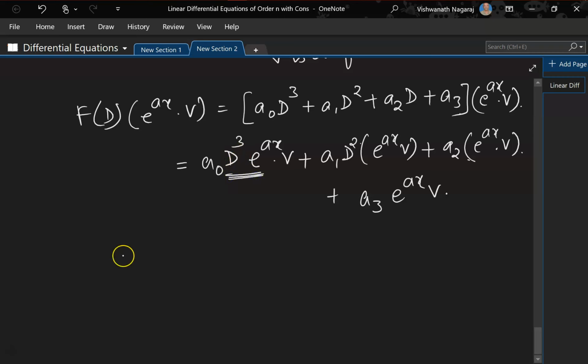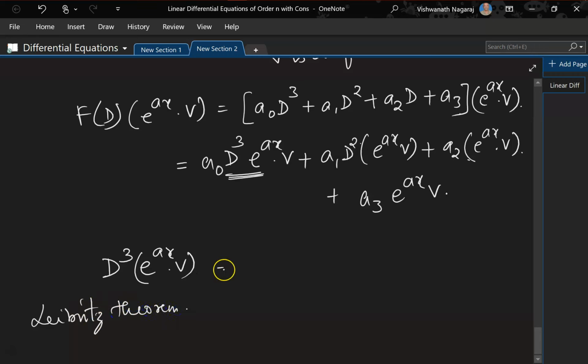So let's differentiate D cubed e^(ax) V. Remember here it is a combination of two functions of x, so let's apply the Leibniz theorem for successive differentiation.